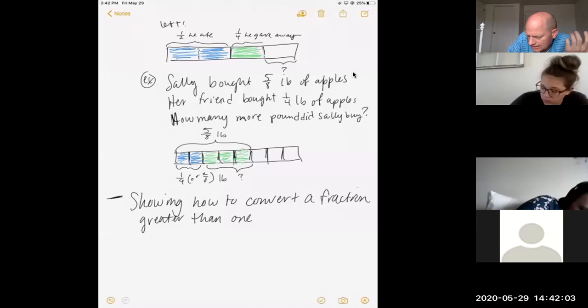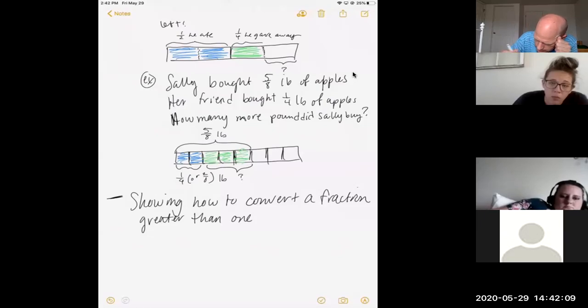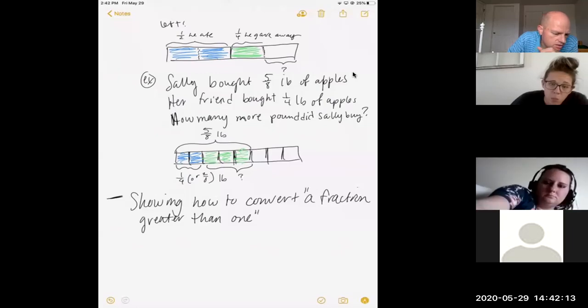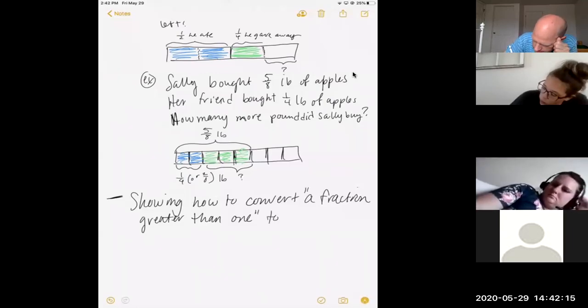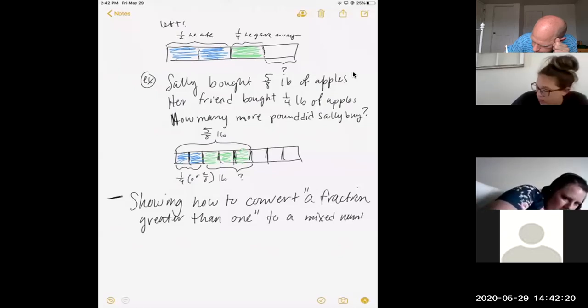And so improper is not a very good word to use. So when you're teaching, call it a fraction greater than 1. So I'm going to put that in quotes so you can remember that. Fraction greater than 1 to a mixed number.